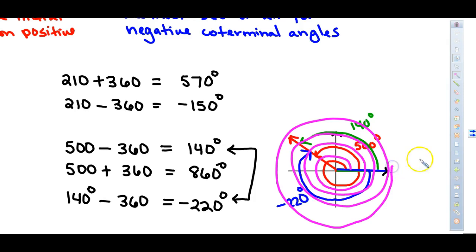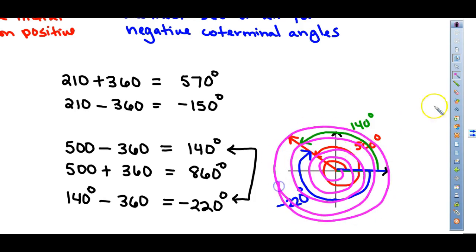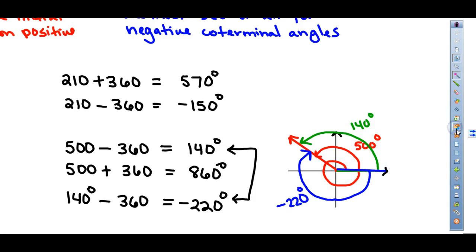And I could have infinite coterminal angles in a positive direction. I could do the same thing in a negative direction. I could start here and I could rotate around in a negative direction as many times as I want to. Okay, so my point is this: you have the possibility of infinite positive and negative coterminal angles.